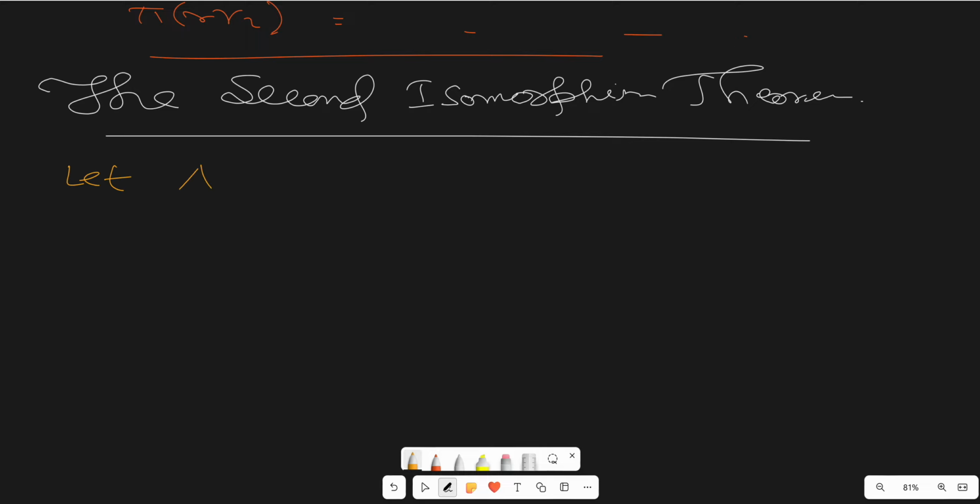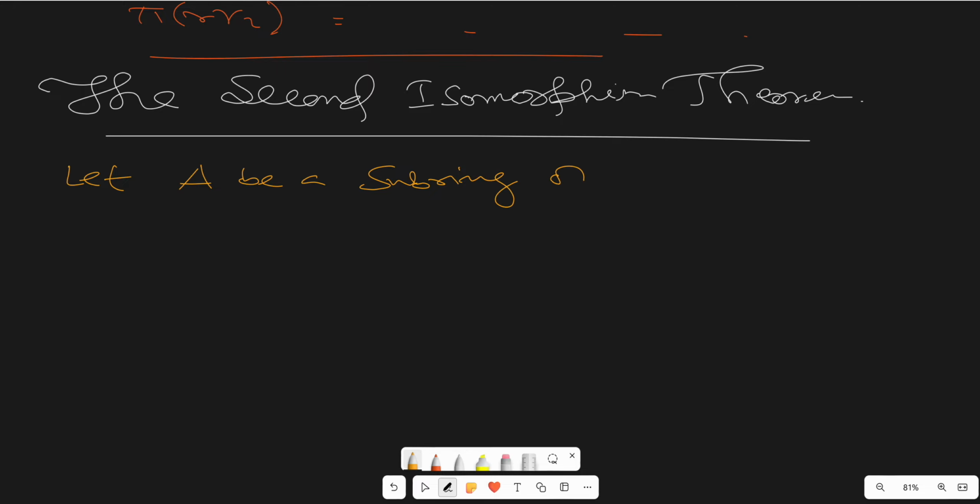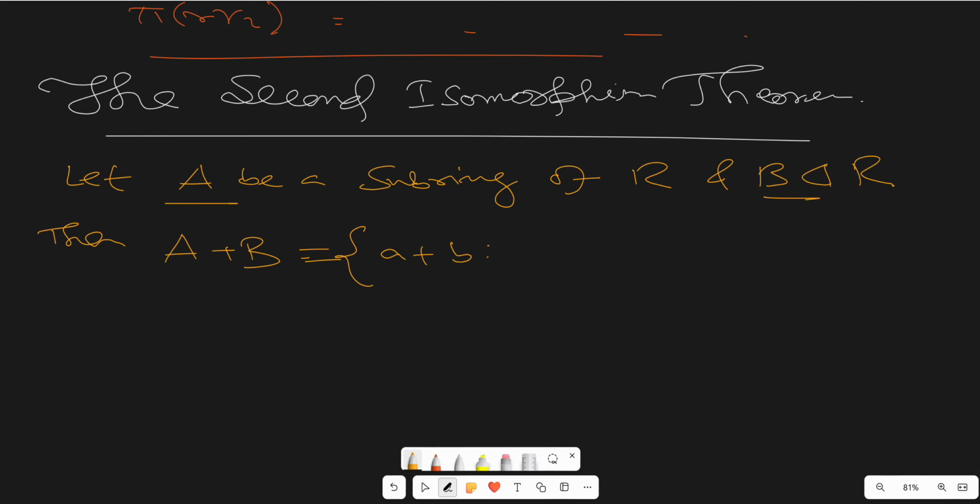Suppose that A is a subring of R and B is an ideal of R. So you have one subring and one ideal, right? Then how can I define A plus B? A plus B is all those a plus b, as usual, such that a is in A and b is in B.